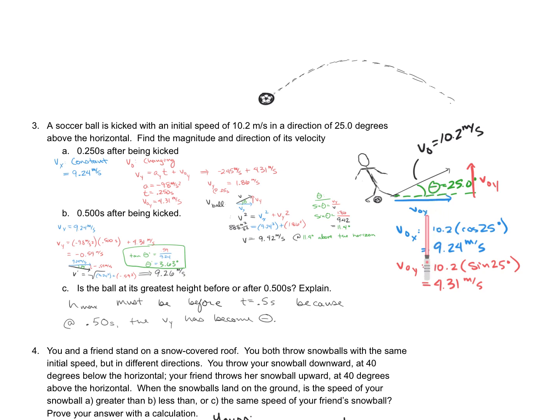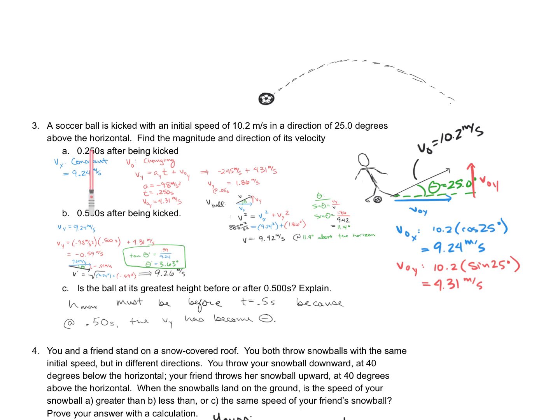So the horizontal component and the vertical component are based on the initial velocity at this angle. So the sine of 25 is the vertical component divided by the initial. So that'll be 4.31. And the horizontal component is the cosine of this angle is equal to the horizontal divided by the initial. So that gives you a 9.24.